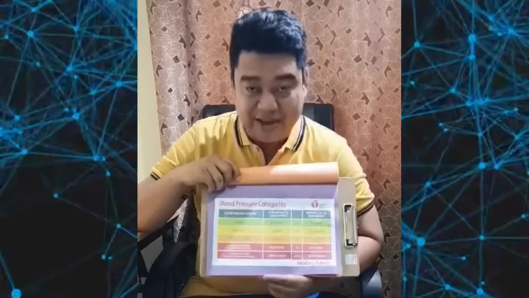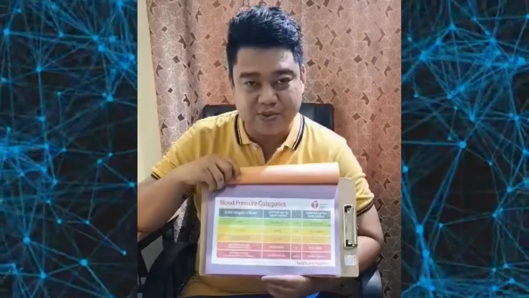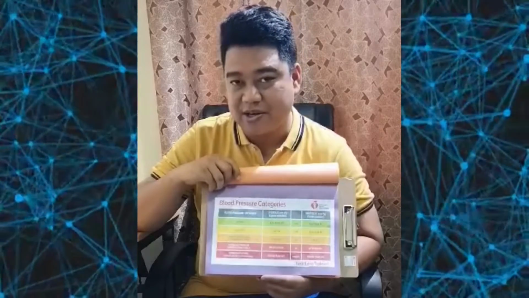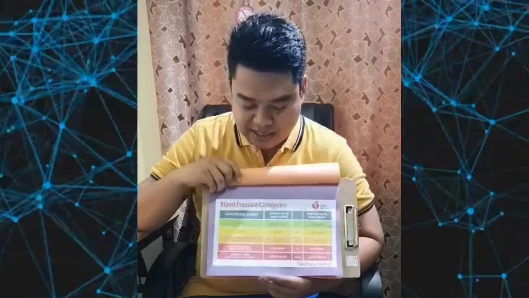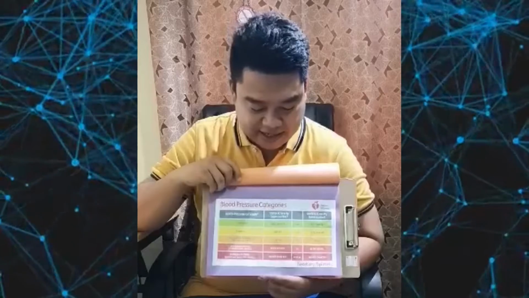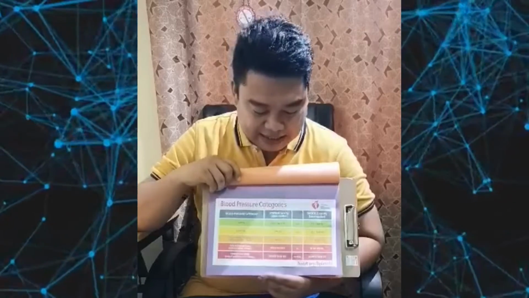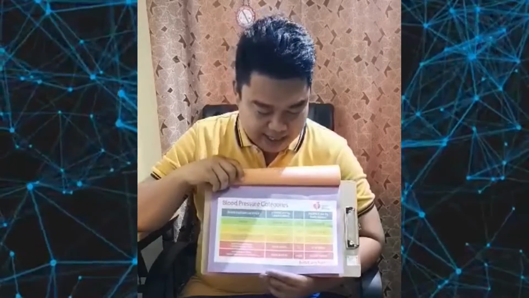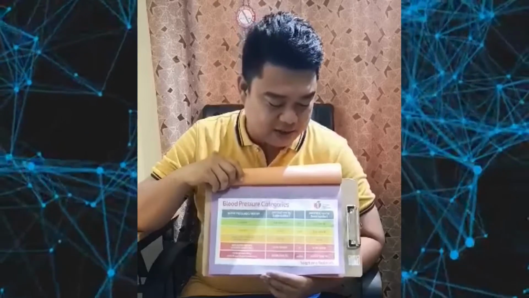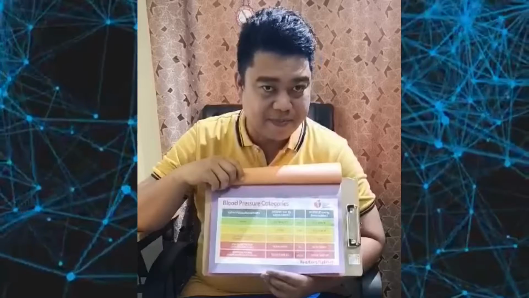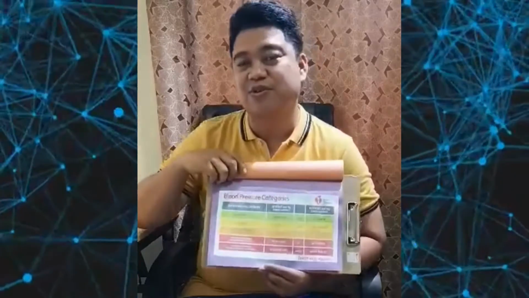And a patient with hypertensive crisis, as we have mentioned earlier, requires consultation or attention of the healthcare professional, because your patient might have a cardiac attack. Okay, so the systolic BP is greater than 180, and the diastolic BP is greater than 120. Take note of those values.